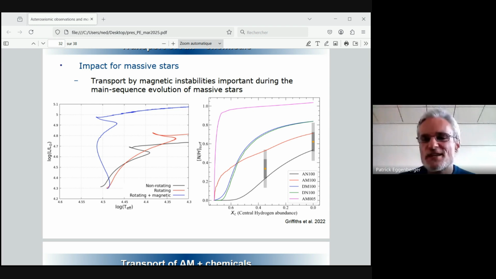And in this case, another origin is put forward, which is more the formation of a strong fossil field from the beginning, or a fossil field that could also be amplified by the dynamo in the convective core of these stars, because it seems that you see a difference between stars with or without a convective core. So we have detections, but only of very strong internal fields that are not compatible with this view. What we see here is the transport of angular momentum for stars for which we know from the beginning that the magnetic field is not too high.